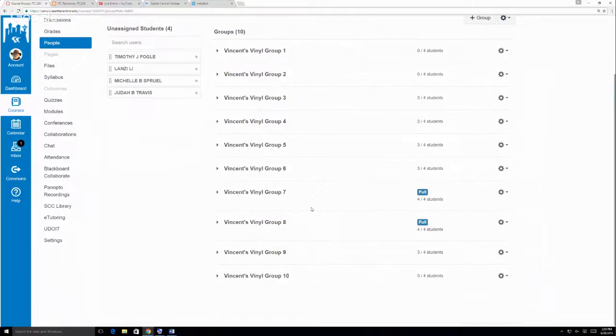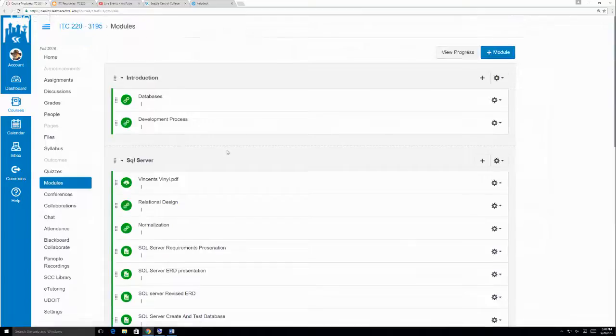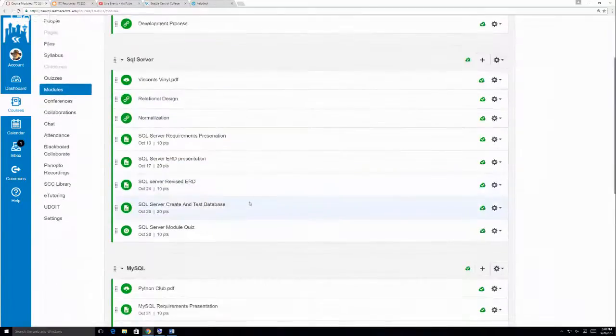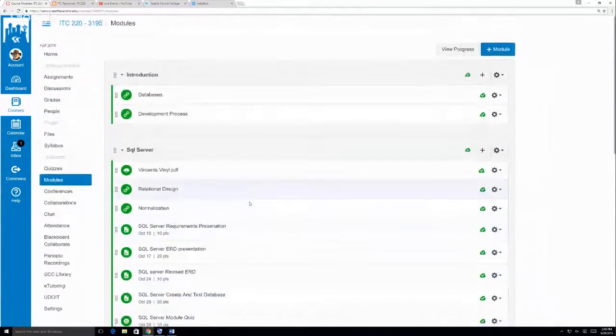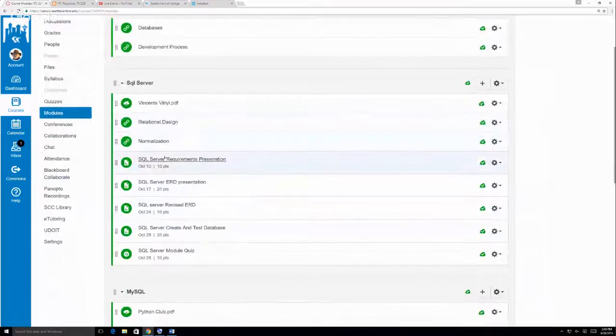But I want you to be in the group, for the Vincent Vinyl group, that's for all of the things in the SQL Server module, which will be the Vincent's thing. So that'll be for the server requirements presentation, for the entity relation diagram, and then revising it, and then creating and testing the database.